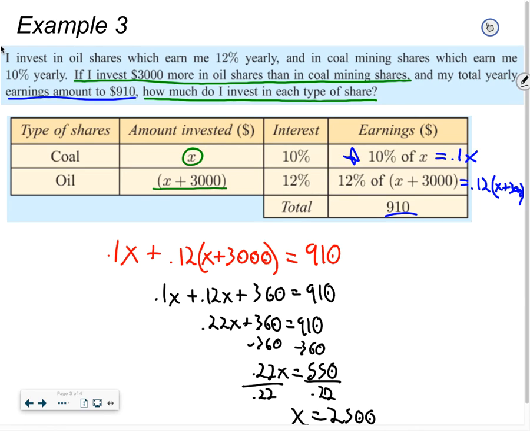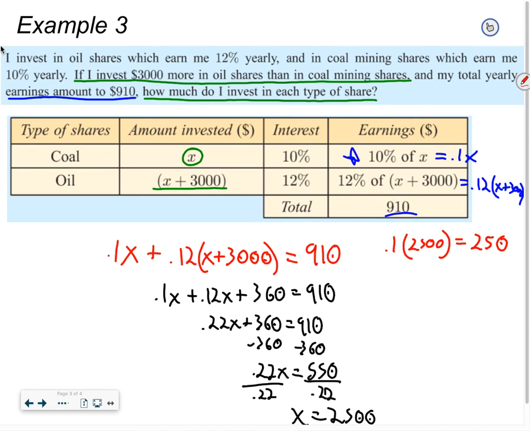Okay, so I can verify my answers here by checking the solution. So if x is coal, 10% of 25,000, so 0.1 times 25,000 is going to be $250.